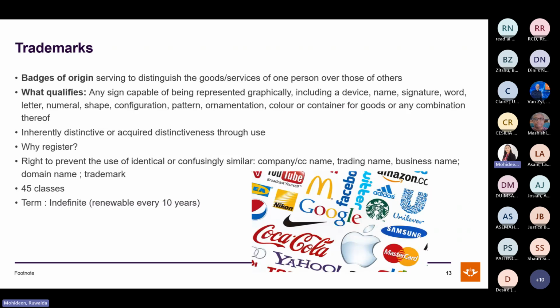Then I think one of the most commonly known forms of intellectual property is trademarks. I mean, we see it all around us. You'd see the picture on my screen with commonly used trademarks that we all easily will be able to identify. What are trademarks? Trademarks essentially are badges of origin that serve to distinguish your goods and services from other people's goods and services.